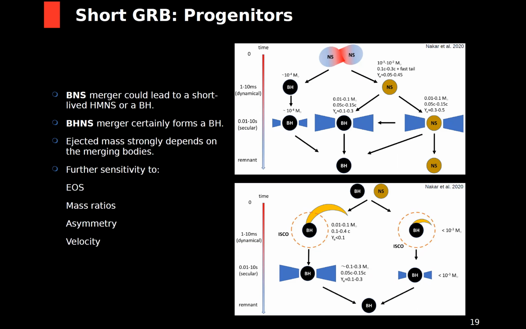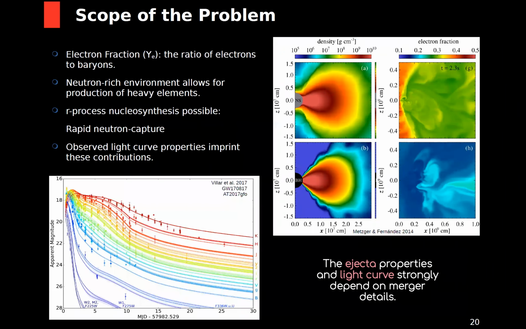And there are a lot of details in these properties: the equation of state, the mass ratios, the asymmetries, whether angular momentum is conserved during the merger or not. If the angular momentum is not conserved, then you would have much more emission, mass ejection.